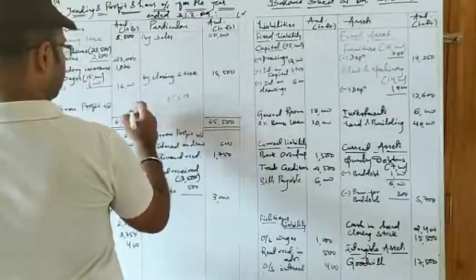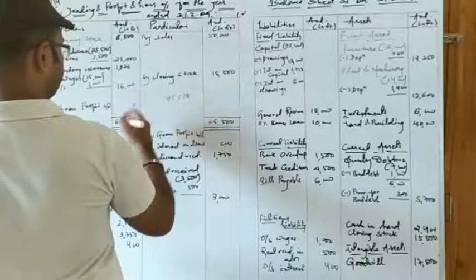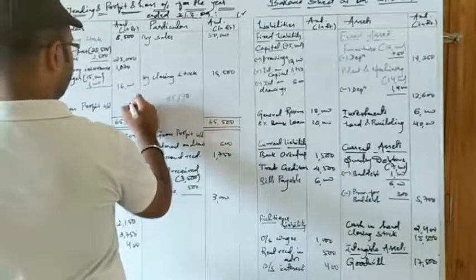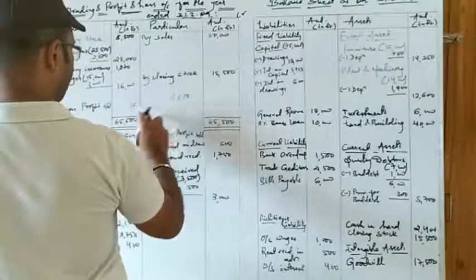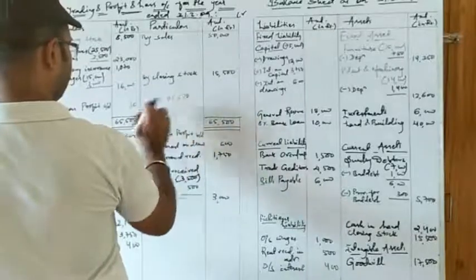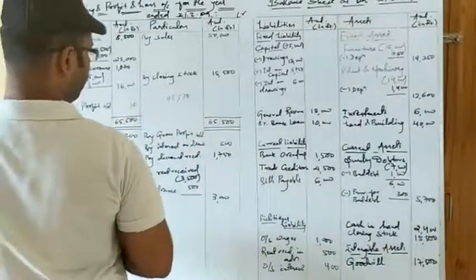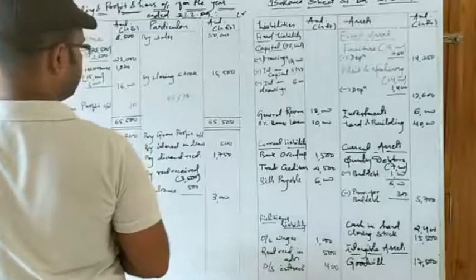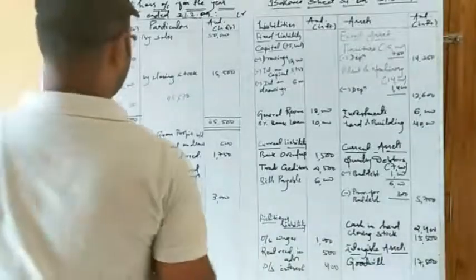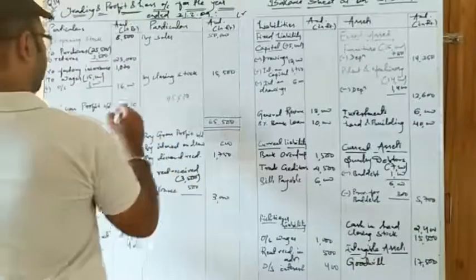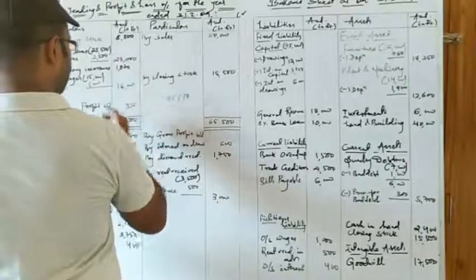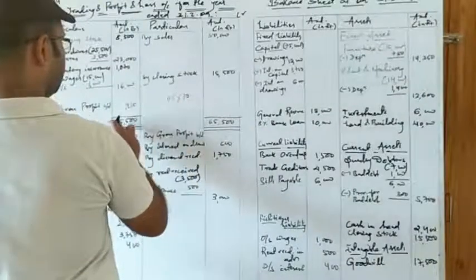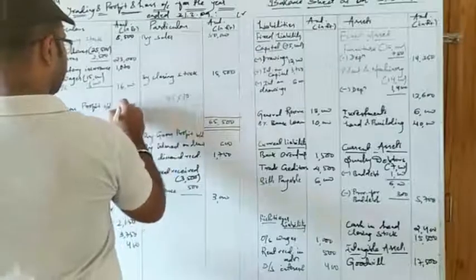So this is 0. Then this is 73. 14, 5 is 1459. We are getting 48, 6.